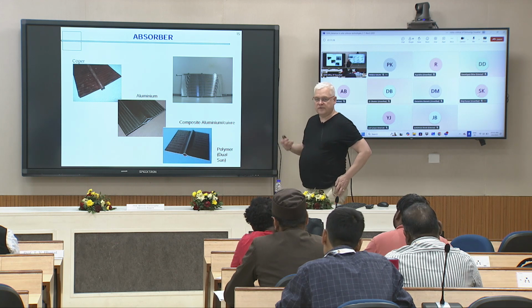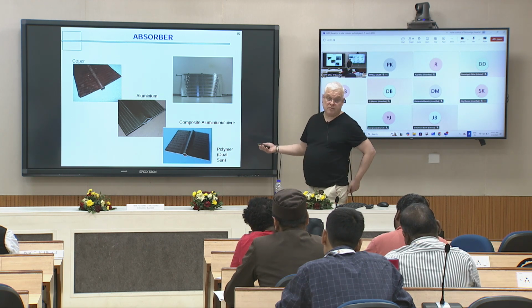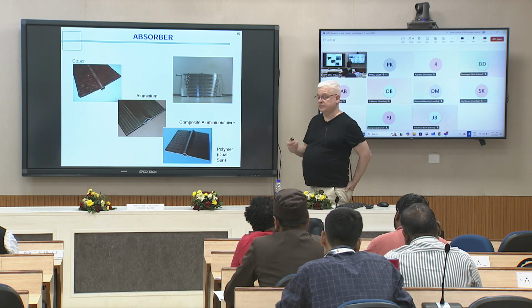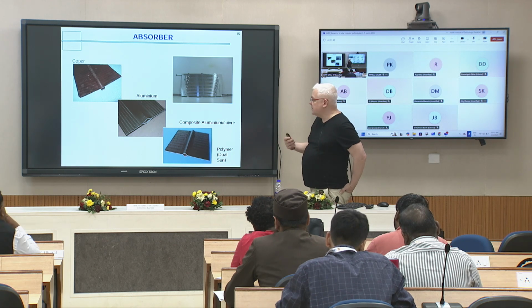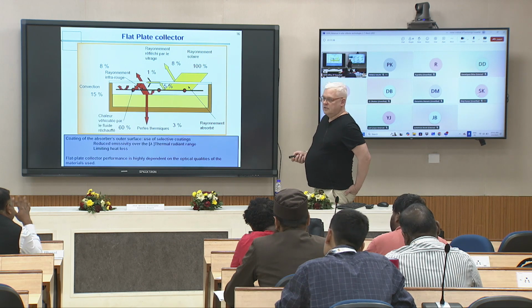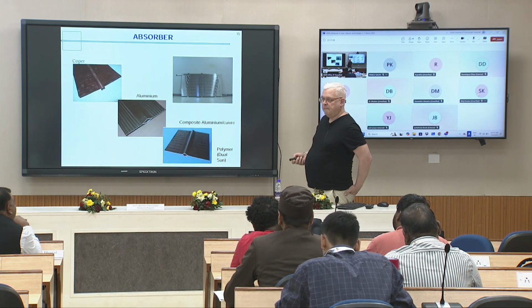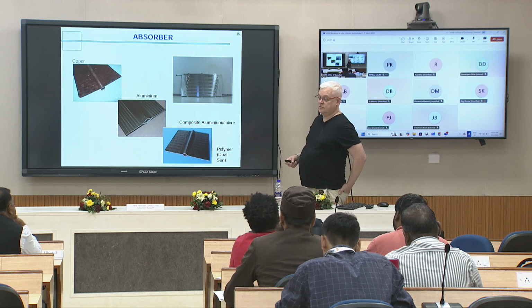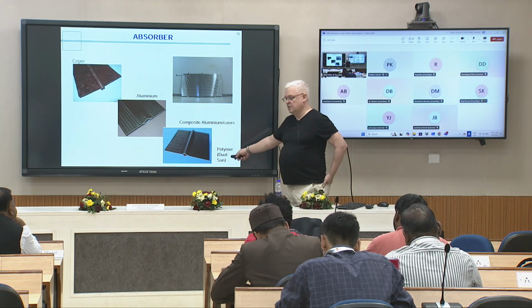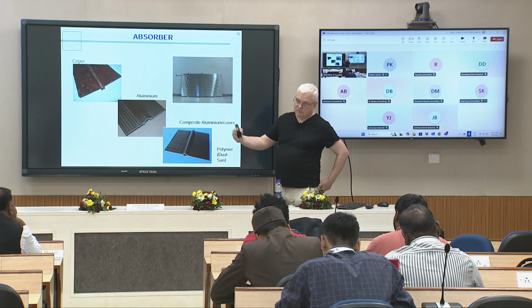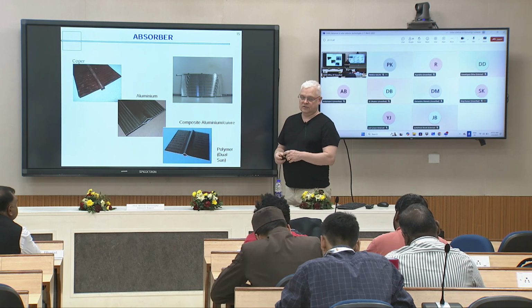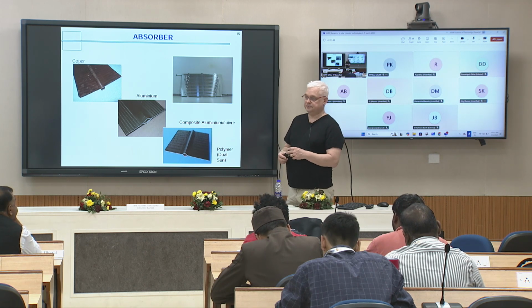Okay, so a lot of evolution on the absorber due to the price of the metal, trying to keep a good heat transfer. For polymer, I think thermal conductivity will be lower. Yes, for sure. So they add some particles of metals in order to increase the conductivity of the polymer.